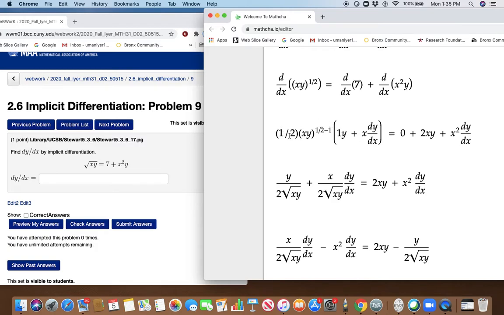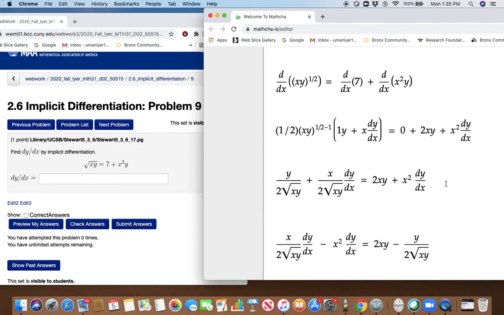So this is 1 over 2 and this is square root of xy. All that I'm multiplying to these terms. So this times this gets me a y upstairs. This times this gets me an x upstairs and a dy/dx next to it. Equals 2xy plus x squared dy/dx.